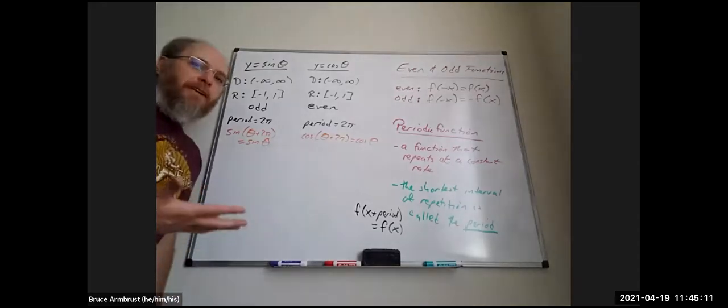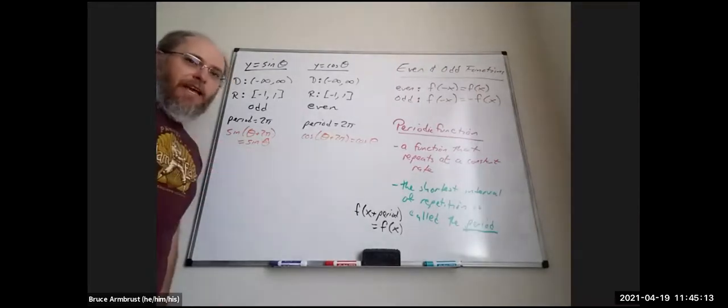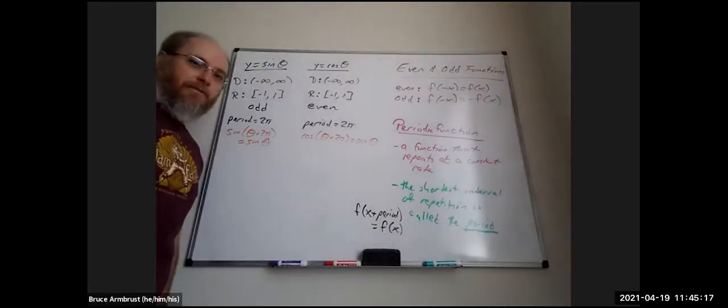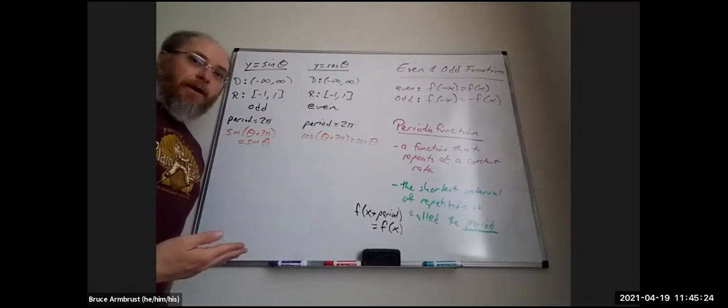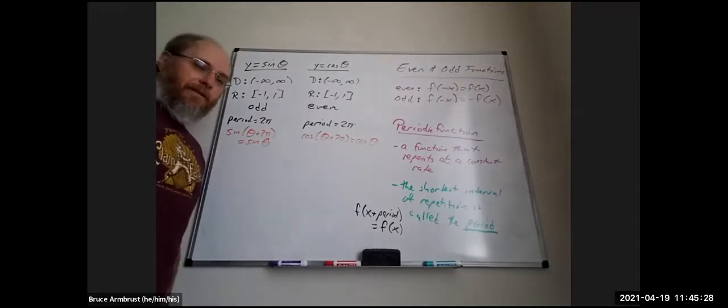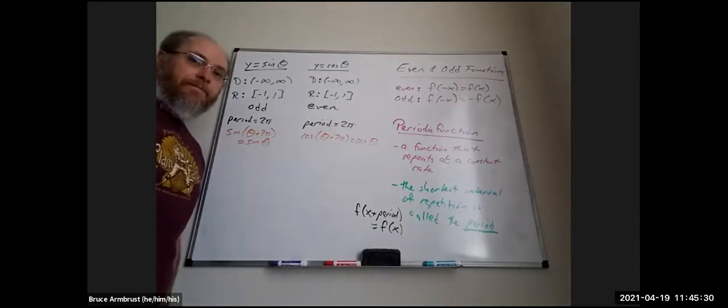So periodic functions, they're the Groundhog Day of functions, right? I'm sure you've seen the movie or know the movie with Bill Murray, where every day is the same day, same day, same day. Periodic functions are those. Like, haven't we already lived this before? Yep. 2 pi ago, you saw this, and you know what?